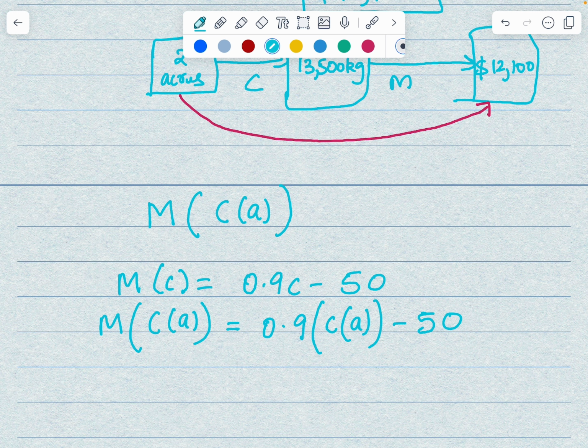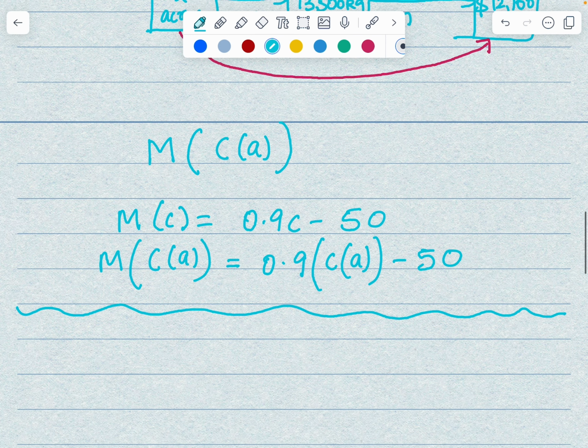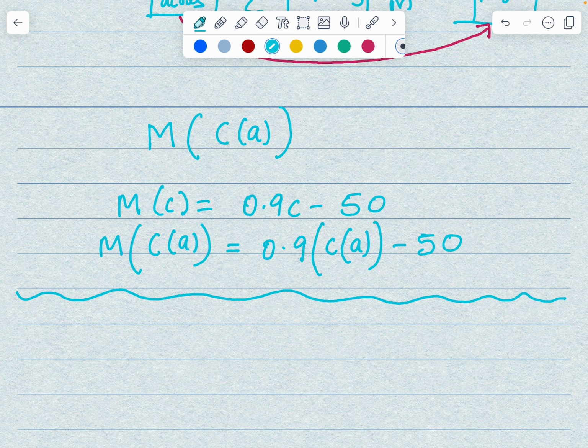So in some sense, this is why we use composition of functions. This is a more practical example. And now we will look at how to represent it using just f and g, as a generalization.